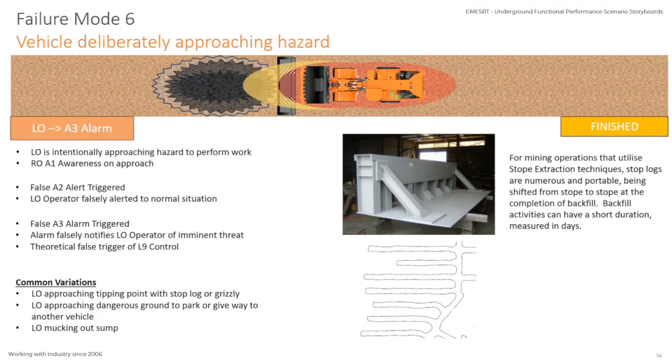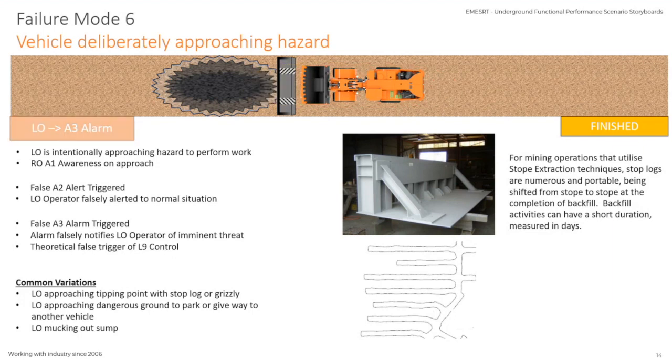Again, like the previous one, if the operation does want to address it, they can be numerous, and they can also have a short life. An operation tries not to leave its voids open for very long, because it may hold up the sequence on another stope that they want to take down the track. So they try and fill it as quickly as they can.